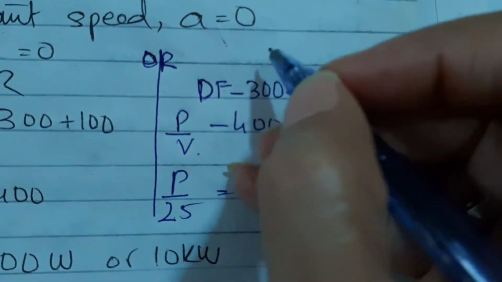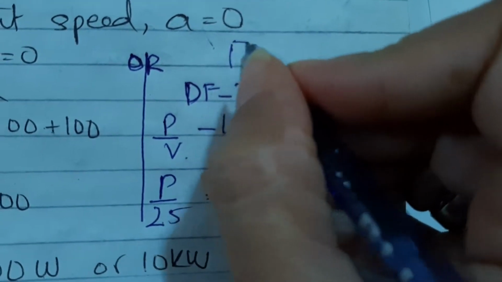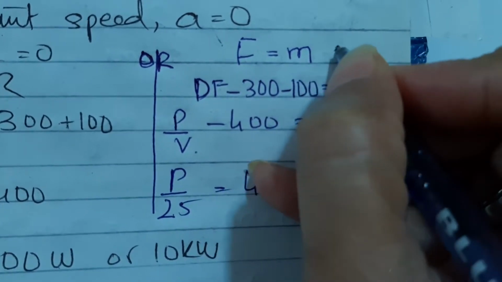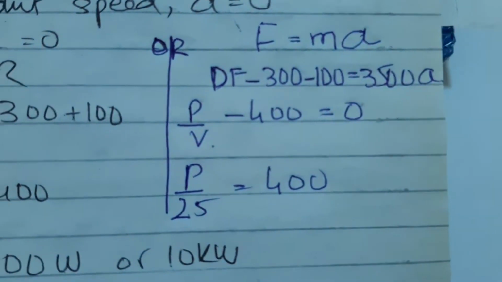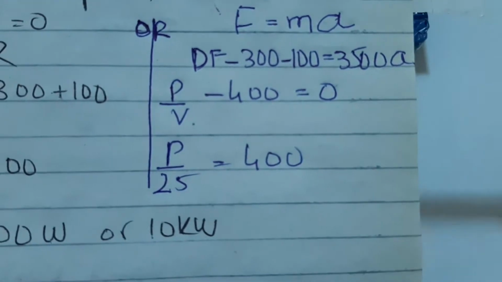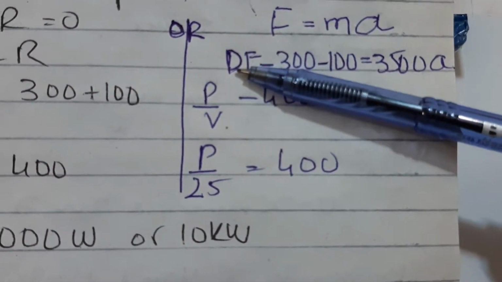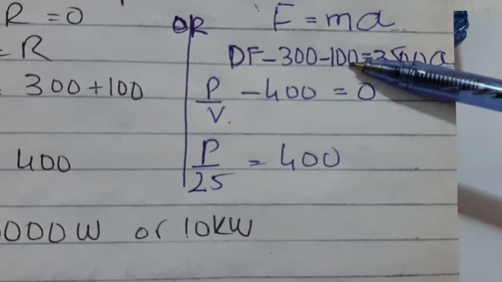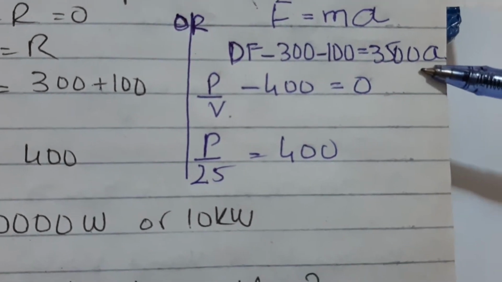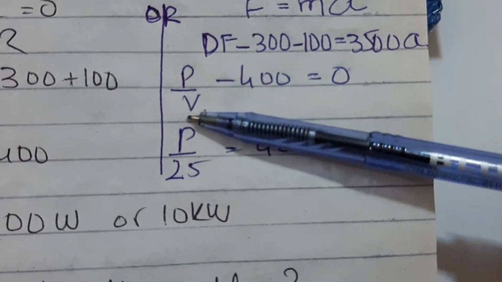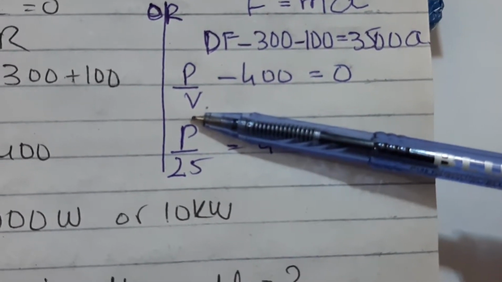So basically it is Newton's second law, which is F equals ma, right? So driving forward force minus 300 minus 100 equals 3500 times a, and the driving force is actually power divided by velocity.